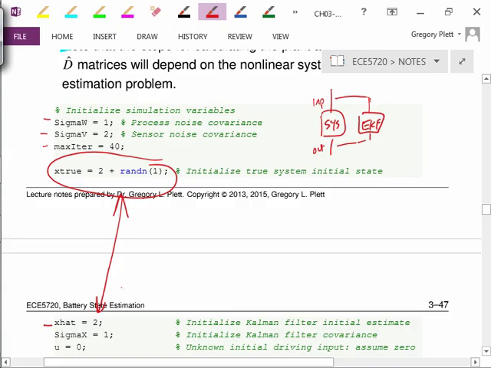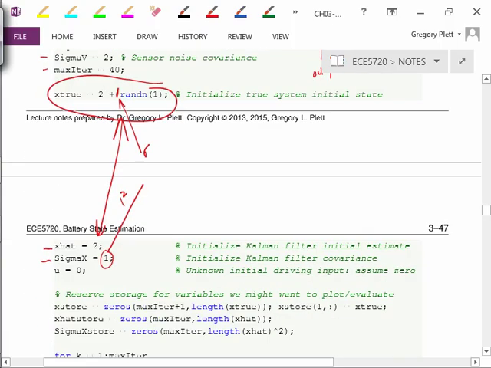So our filter will not be initialized with perfect knowledge, and we will represent that by saying sigma x equals 1. So here I've got 1 times, where that 1 is 1 standard deviation times rand 1, and this here is 1 squared to get the variance from the standard deviation. The prior input we don't know, we'll say it's 0 for now.